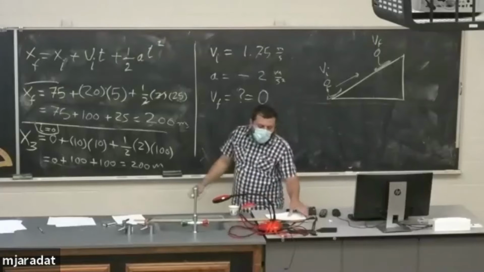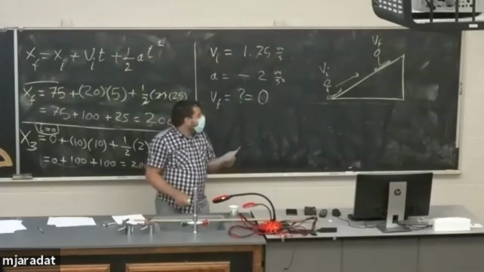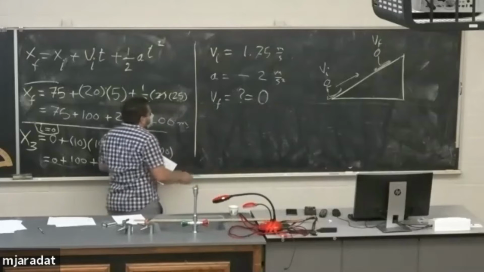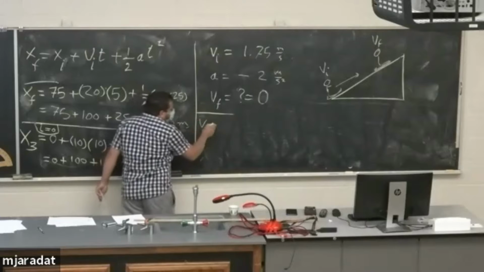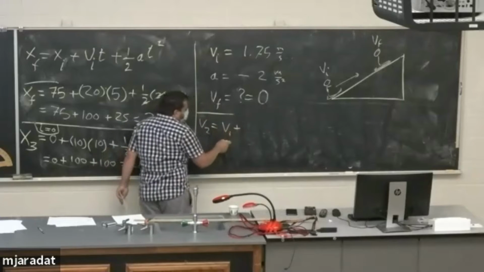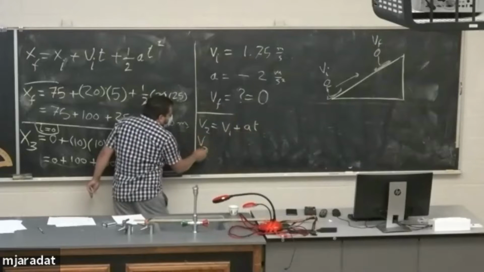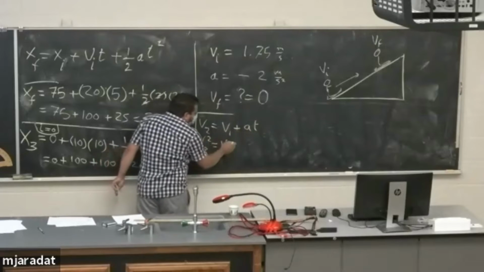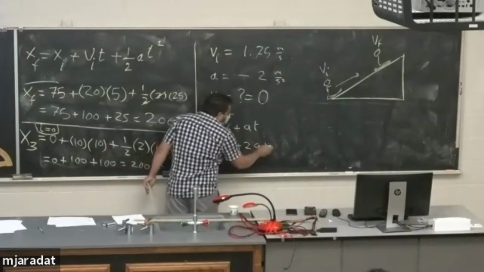Which equation of them do I need to use to find the time? If I look at that, I will put them here. V2 is equal to V1 plus AT. V2 squared is equal to V1 squared plus 2AX.